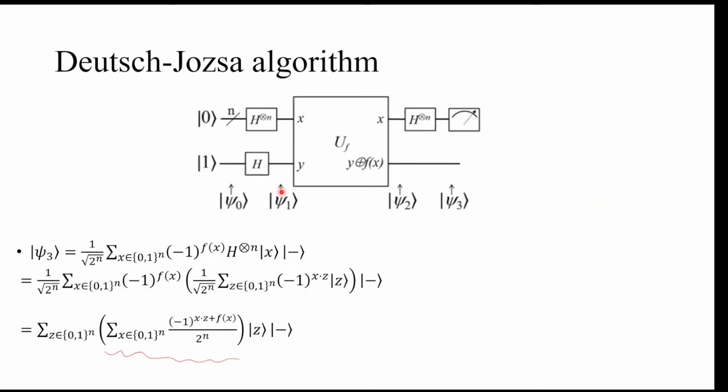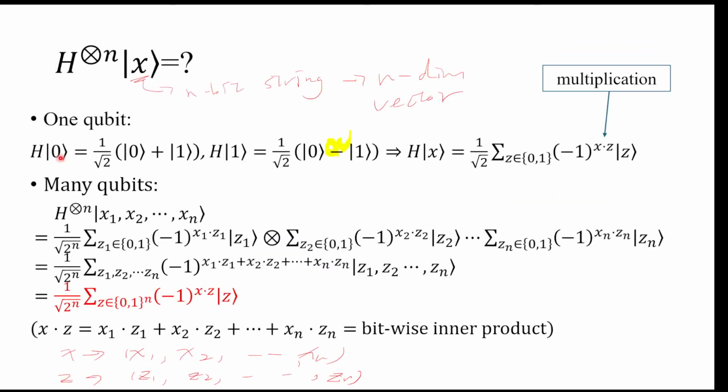Okay. And in the middle, we derived this nice identity, or nice formula. That is, we see what Hadamard to the n does on an n-bit string. The result is that you sum over all computational basis states with a normalization and a phase factor, minus 1 to the x inner product with z, where x is the input string here and z is the output string here.